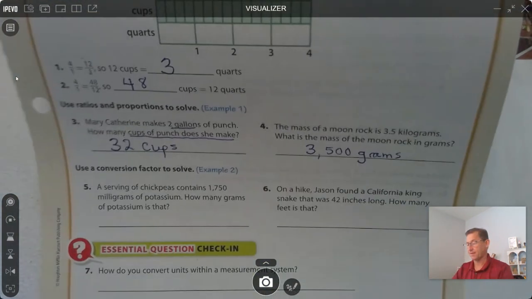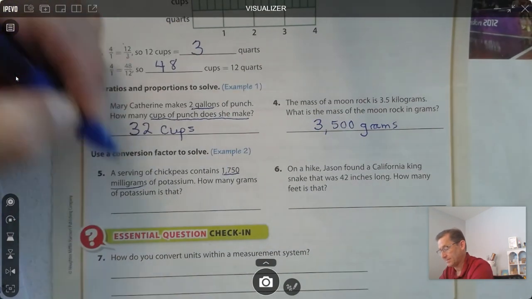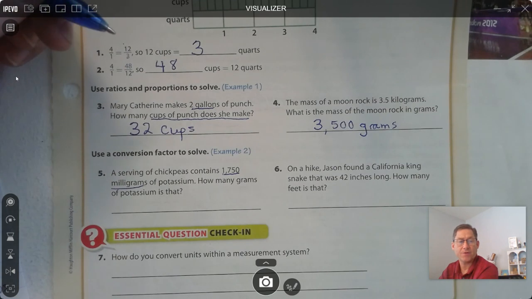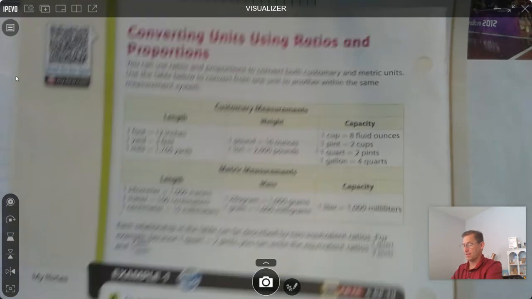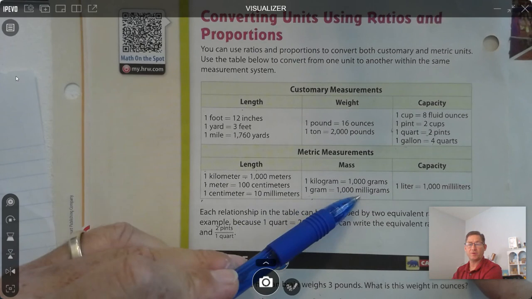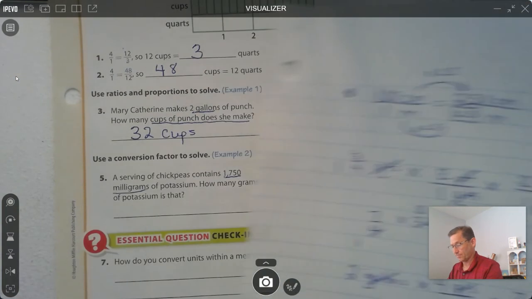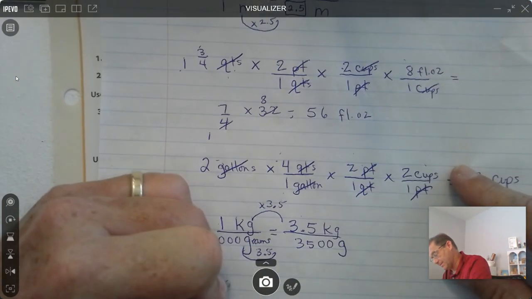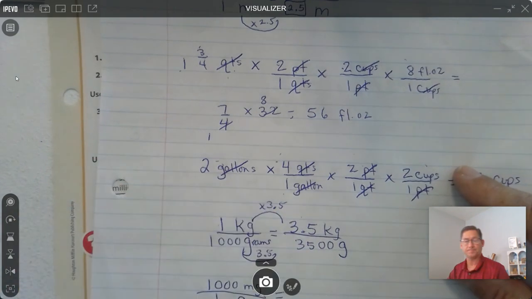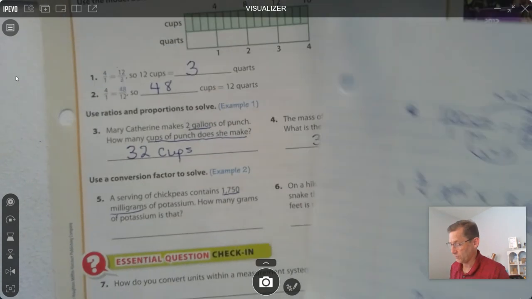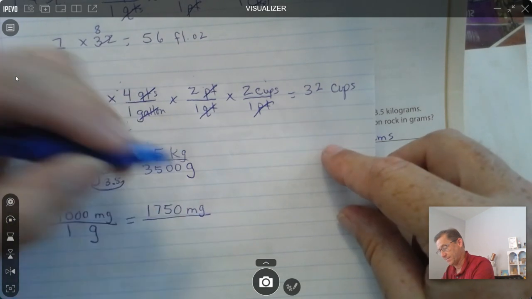Okay, number 5. A serving of chickpeas contains 1,750 milligrams of potassium. How many grams of potassium is that? So again, grams and milligrams are a direct relationship. So let's use that. So if we have 1,000 milligrams, we're going to have 1 gram. They told us we have 1,750 milligrams.